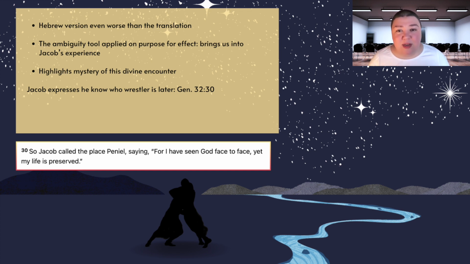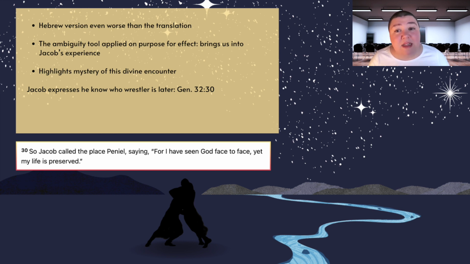This ambiguity tool is applied on purpose, for effect. It brings us into what would have been Jacob's experience. The night was dark, vague, and confusing. He's anxious and afraid. It gives the reader a look into Jacob's emotions. It highlights the mystery of the divine encounter.